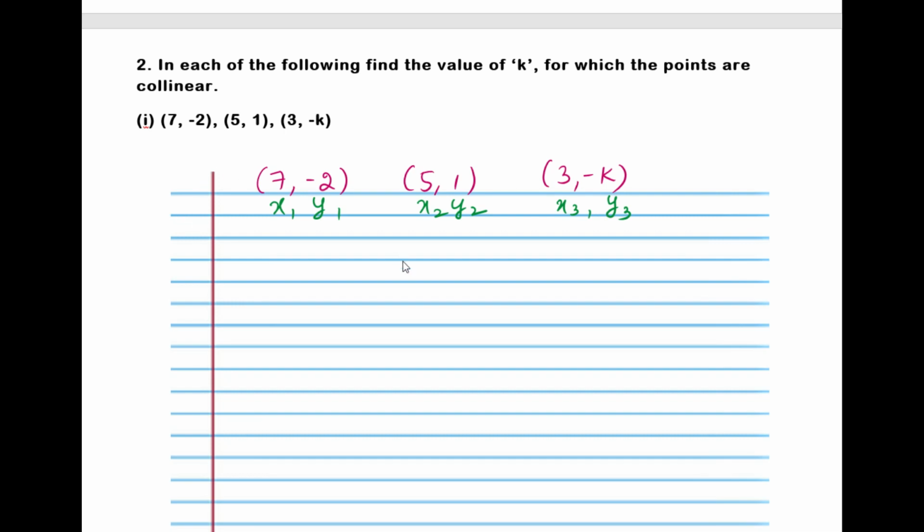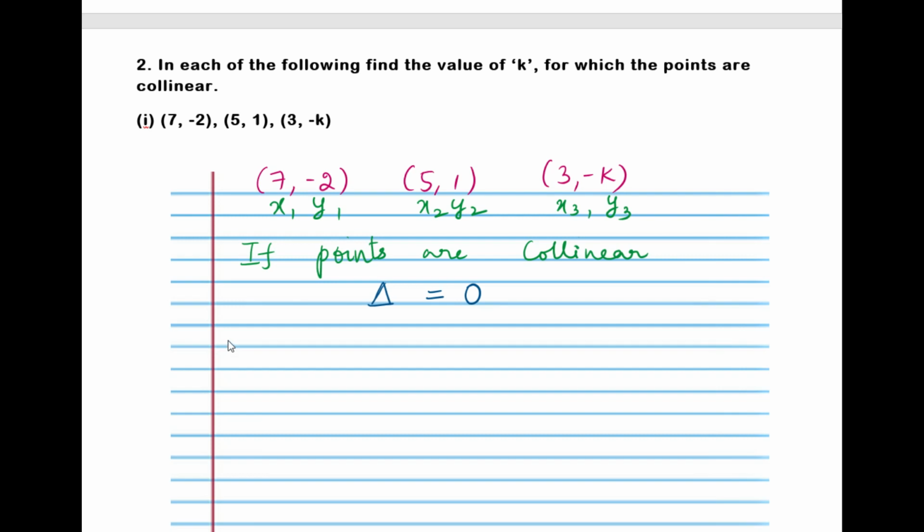Now the important condition is if points are collinear, that is area of triangle is 0. Area of triangle will be equal to 0.